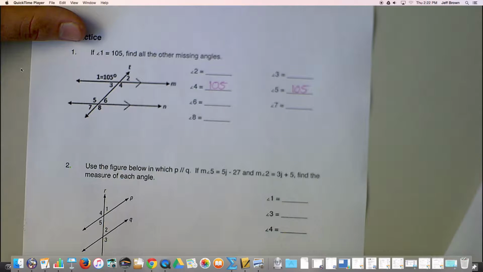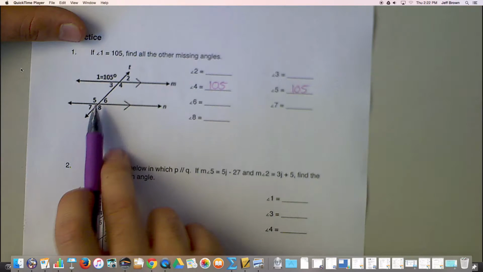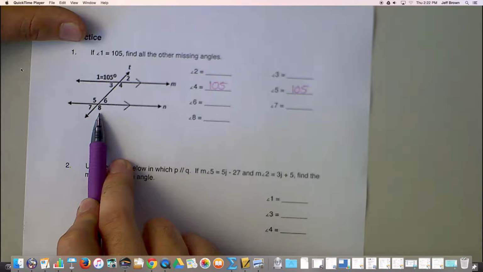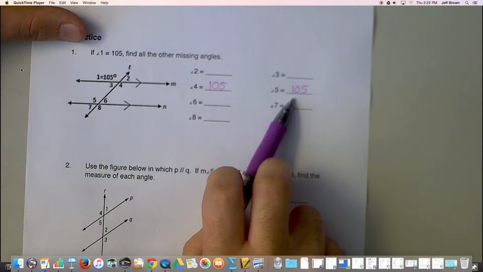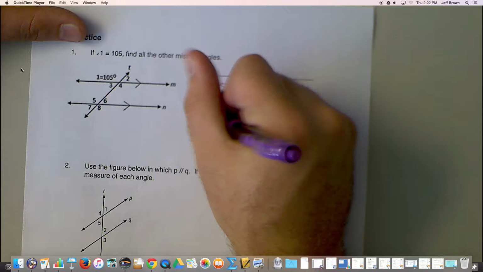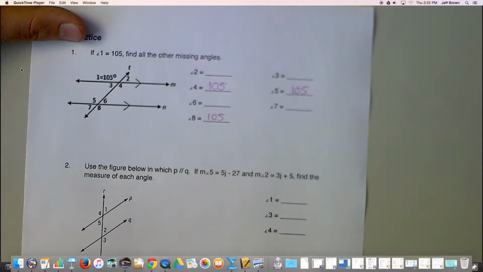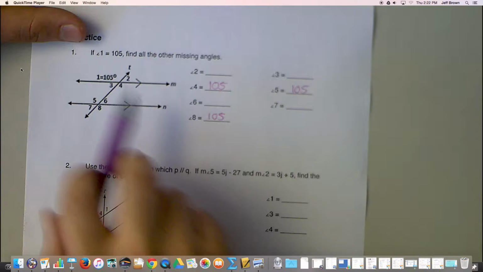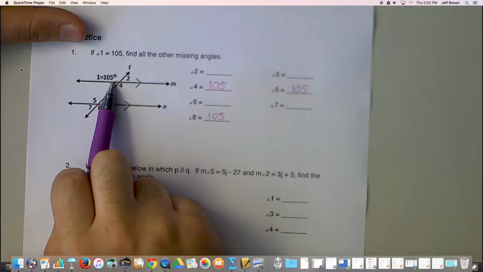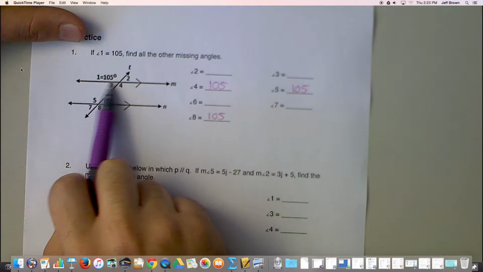And then our last angle that's going to be equal to those is angle 8, because angle 8 is vertical angles with angle 5. So now that I know angle 5 is 105, angle 8 must also be 105. So I think that is all of our angles that are going to be the same as angle 1. But I still have 4 angles that I need to find. To find those angles, I'm going to use the fact that angle 1 and angle 2 here form a line.